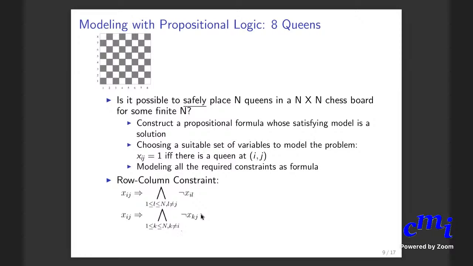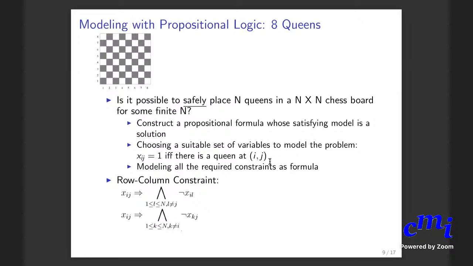Similarly, in order to complete this problem, you will have to specify the other constraints, for the diagonals. Remember that I've expressed these constraints as a schema, where it is being iterated over the variables I and j.